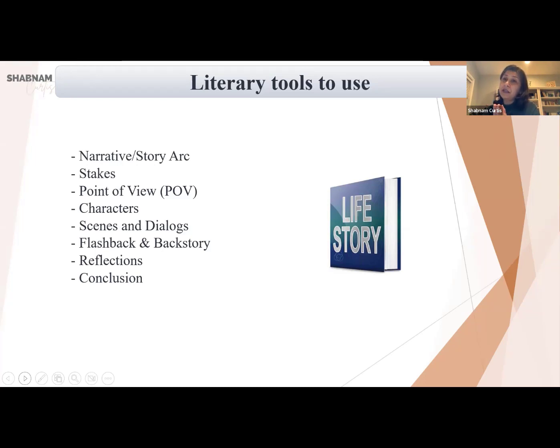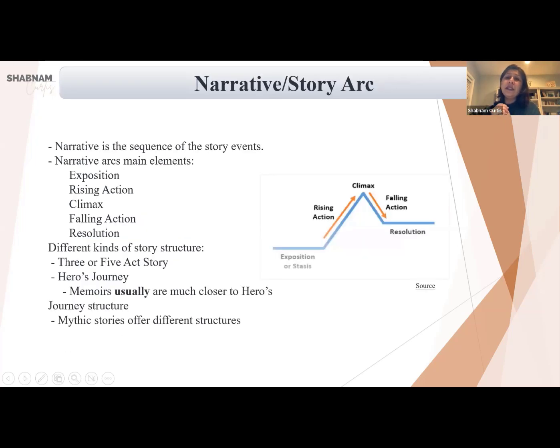Who are our characters, including the protagonist, and how can we develop those characters? What are the scenes? What are the dialogues? Flashbacks, backstory, and eventually what are the reflections, lessons learned, and a conclusion at the end. So let's dive in and see what's more in each one of them.